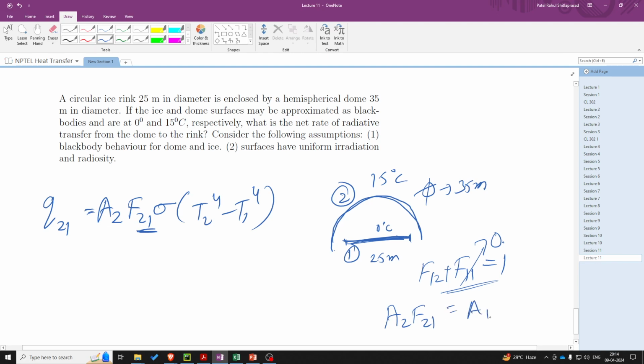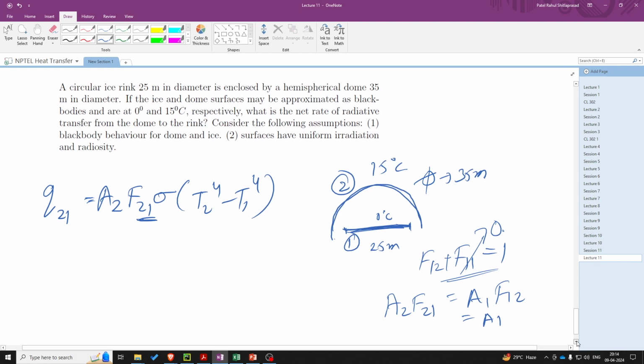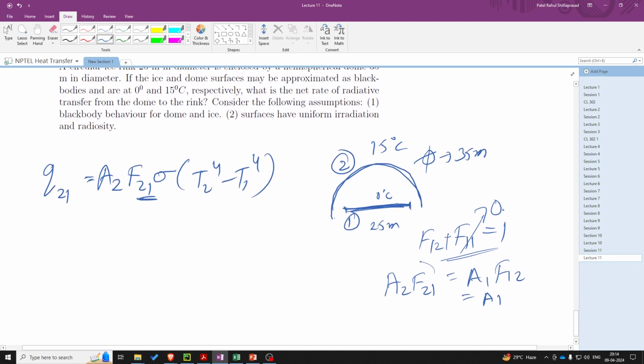Now in order to find F21, we can write the reciprocity theorem, that is A2 F21 is equal to A1 F12. F12 is equal to 1. So we can write this as equal to A1. So we can just replace the value of A2 F21 by the value of A1. So this will be equal to A1 sigma T2 raised to 4 minus T1 raised to 4.